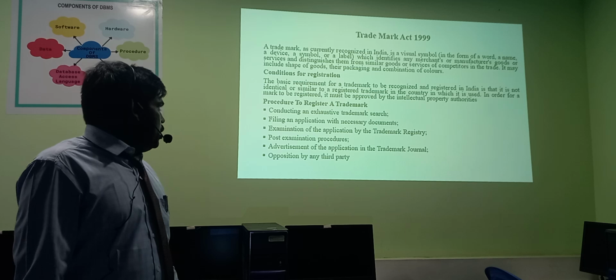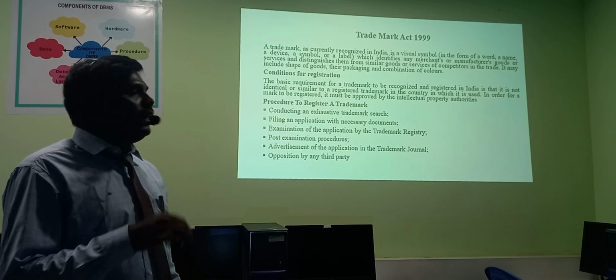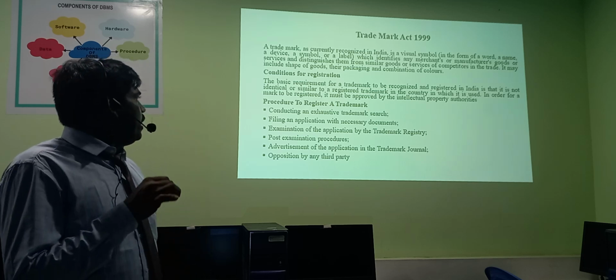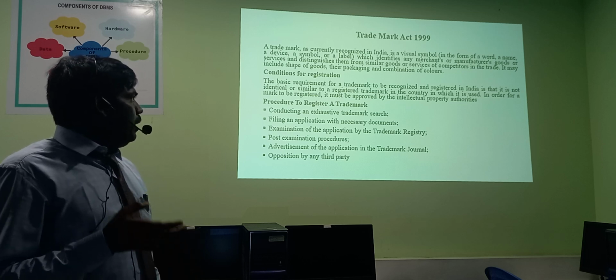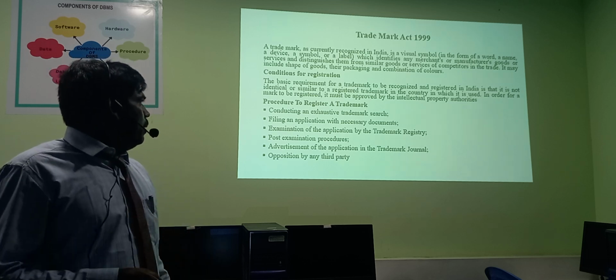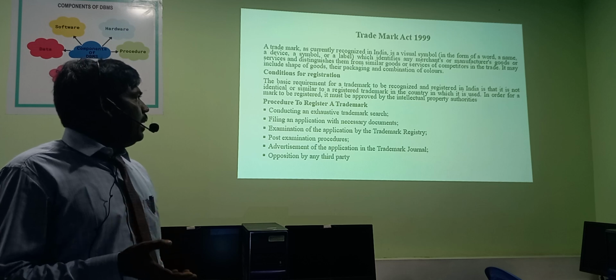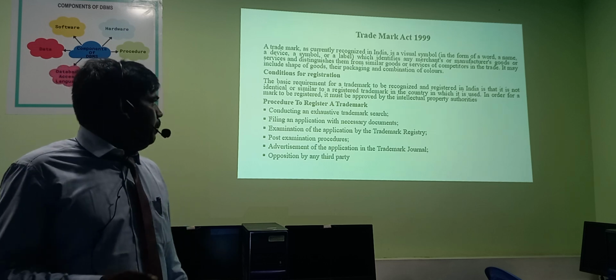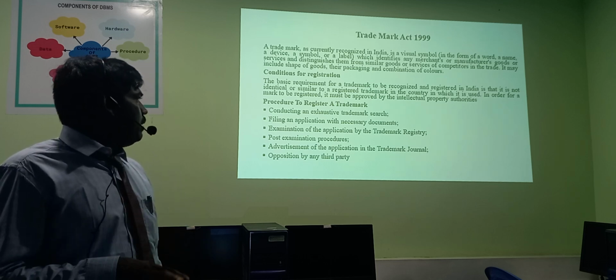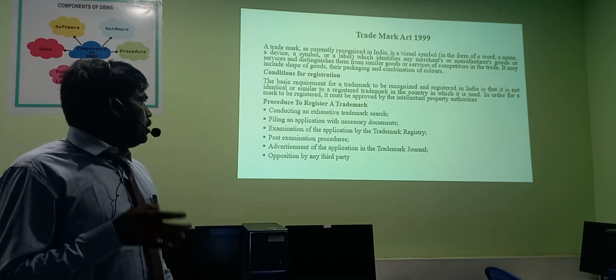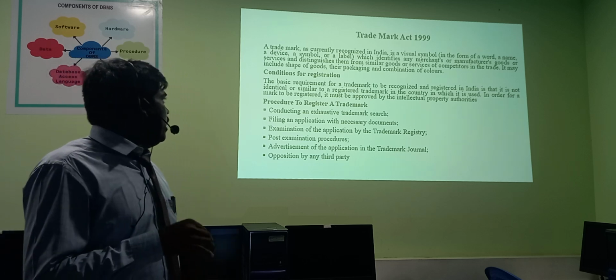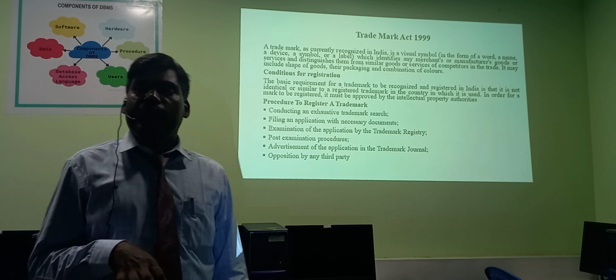The procedure for registering a trademark: first, conducting an exhaustive trademark search, filing an application with necessary documents, examination of the application by the trademark registry, post-examination procedure, advertisement of the application in the trademark journal, and opposition by a third party. These are all the procedures for registering a trademark.